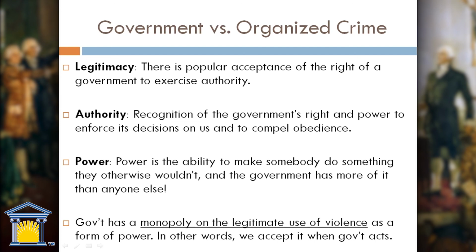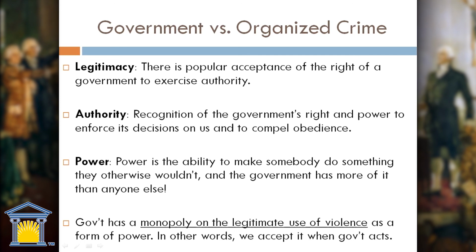Now, your textbook provides a sort of inside-the-box definition of legitimacy, but basically when we call a government legitimate, what it means is that there is a popular acceptance of the government's right to exercise authority. The government is entitled, it has a right to do things like create laws, to tell you what to do, and to punish you if you disobey it.